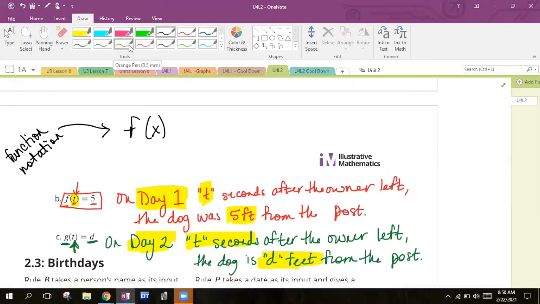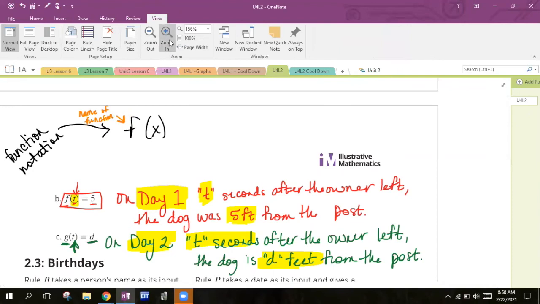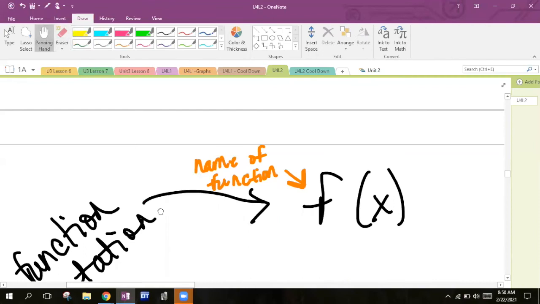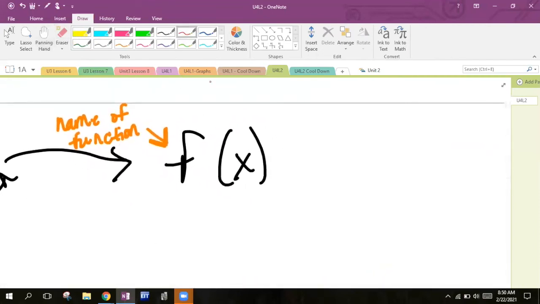Let's break down what each part means. That letter stands for the name of the function. And always and forever, the value inside our parentheses stands for the input.